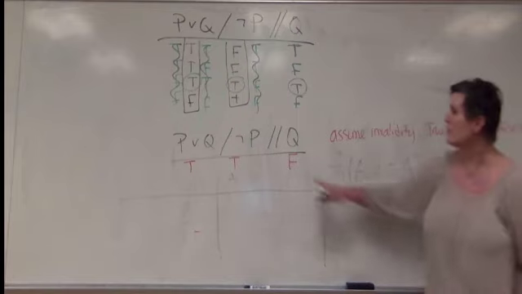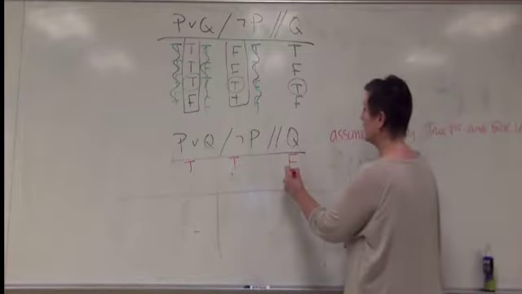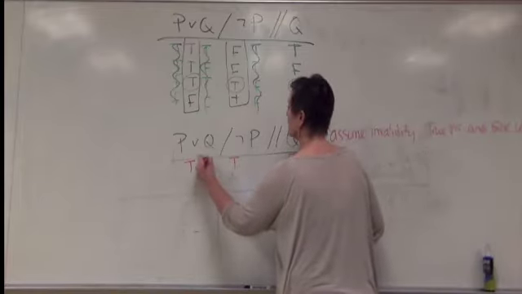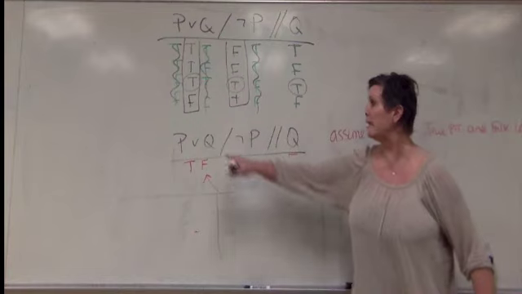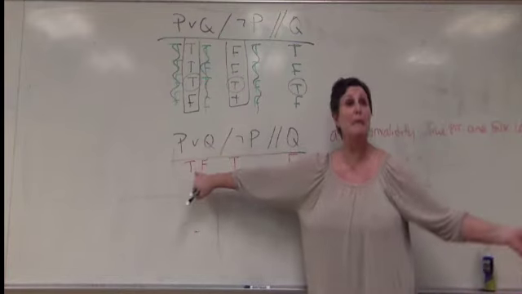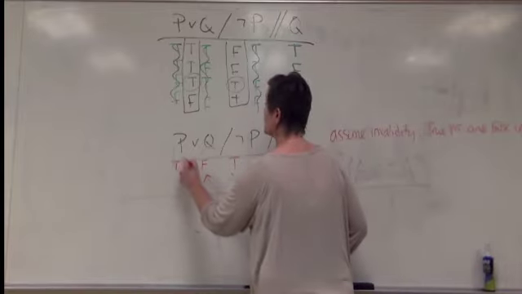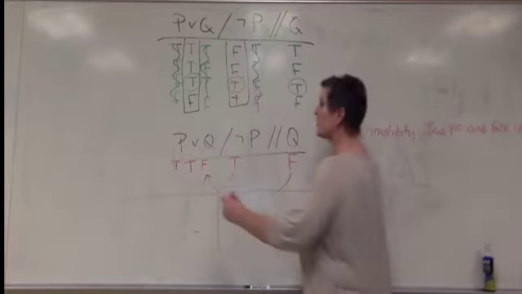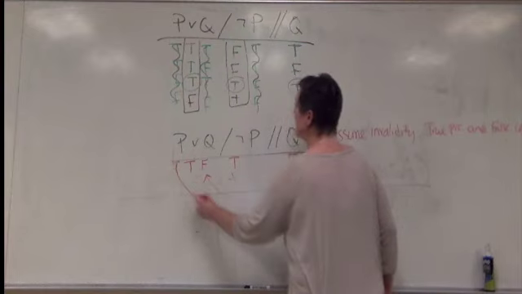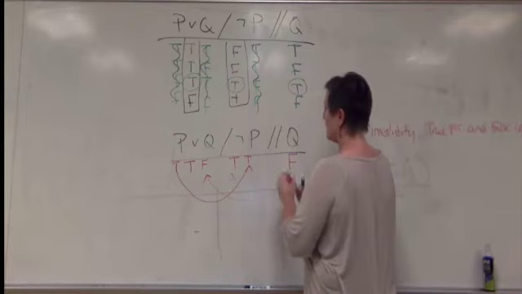All right, so if Q is false, what do I need to do? Plug it in. But if I'm saying that P or Q is true, what must P be? True. That helps me to preserve my true disjunction. But if I'm saying that P is true, oh no, everybody, look.